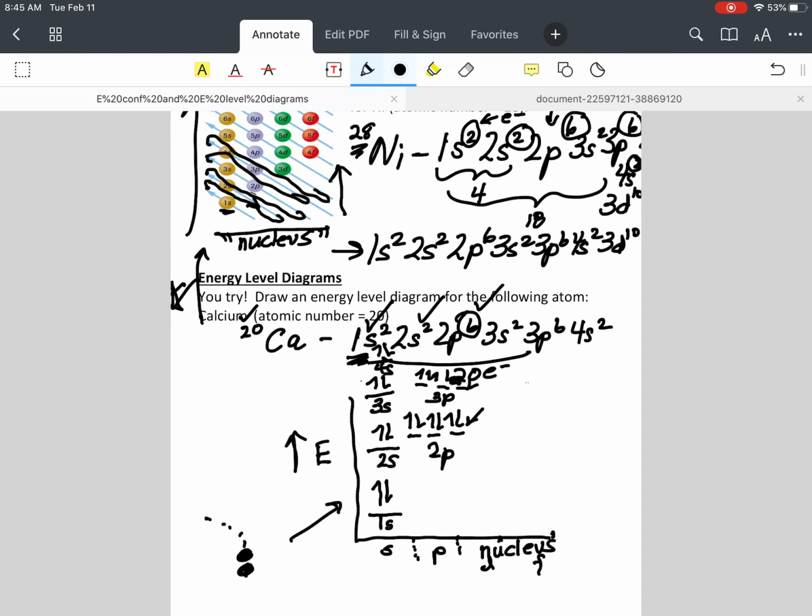Okay, so if I hadn't drawn all over everything, you can see that each level is a little bit higher. So this one goes up, this one goes up, this one goes up. So all my S's are in a line, my P's would be in a line. If I had D's, they would be started in this proximal space, but higher up, and F, etc. Now, why do we singly fill?